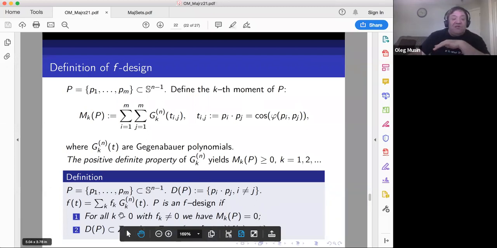Actually, we don't need any constraints for f_k. It can be any function, not necessarily positive. And now, let us consider.